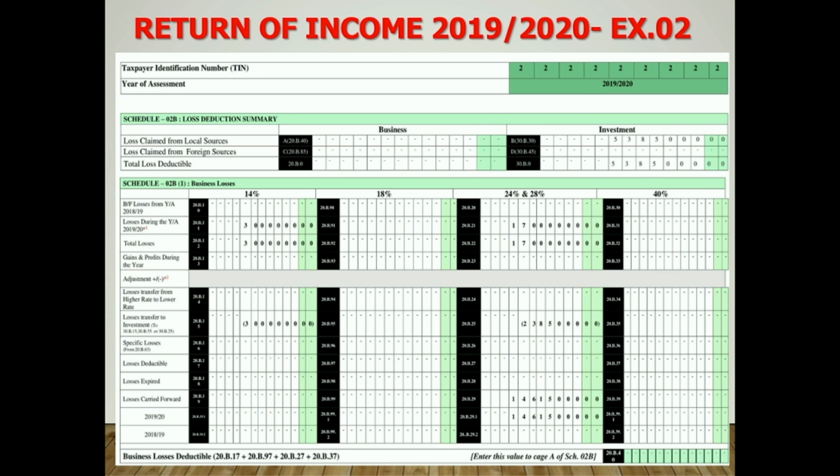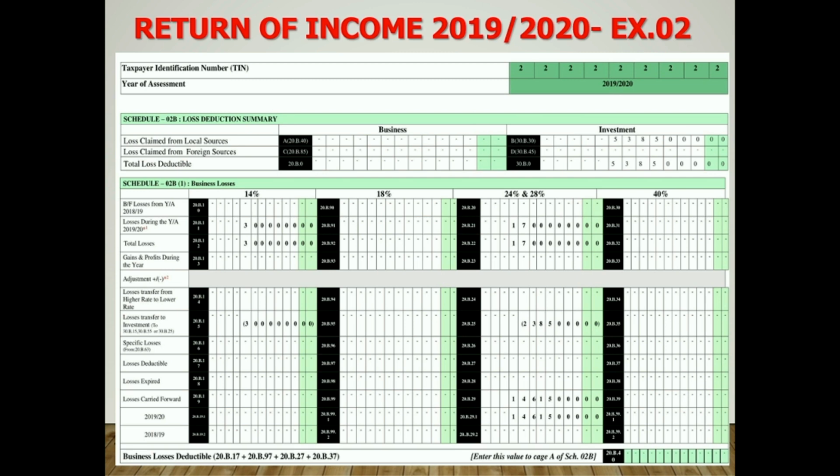We have loss taxable from the business at 14% rate and normal rate. So I have entered those losses under the loss during the year in relevant cages, then take the total losses.